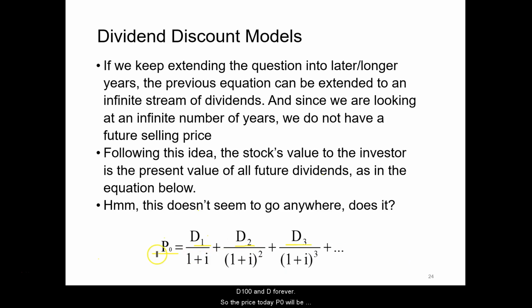So the price today, P0, will be based on the total present value of all the future dividends till the infinite future. But the problem in this equation, as you can see here, is we cannot really get a result from this. So to make this equation work, we need to make some assumptions.